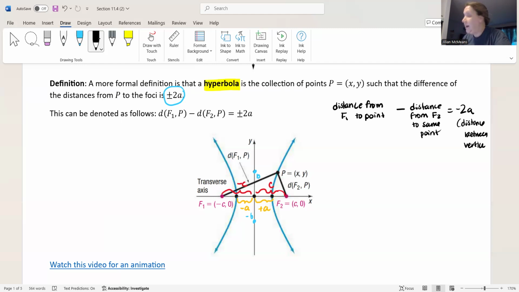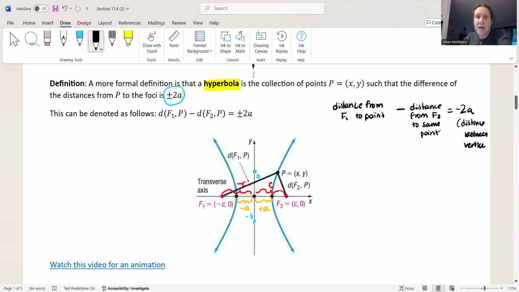And it could be negative depending on where those points are. It might be that the distance from the first focus to the point is shorter than the distance to the second focus. And so you can get plus or minus 2a, but you're going to basically get that distance between the two vertices. Okay.